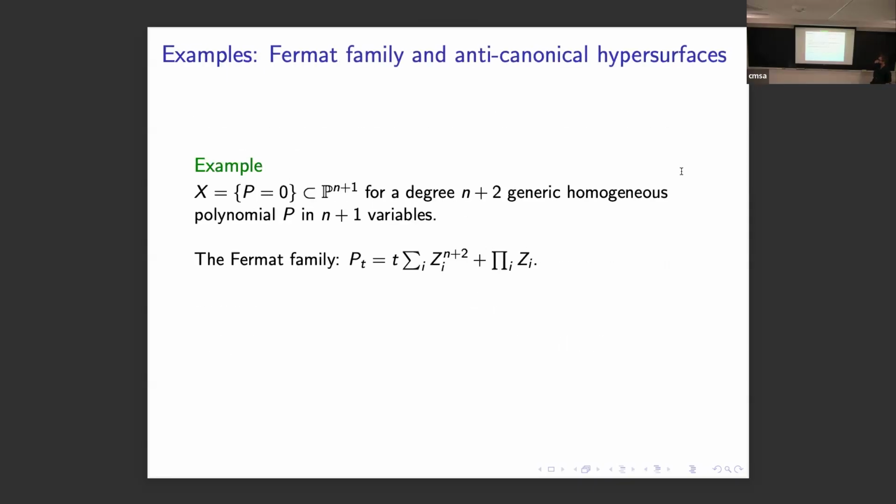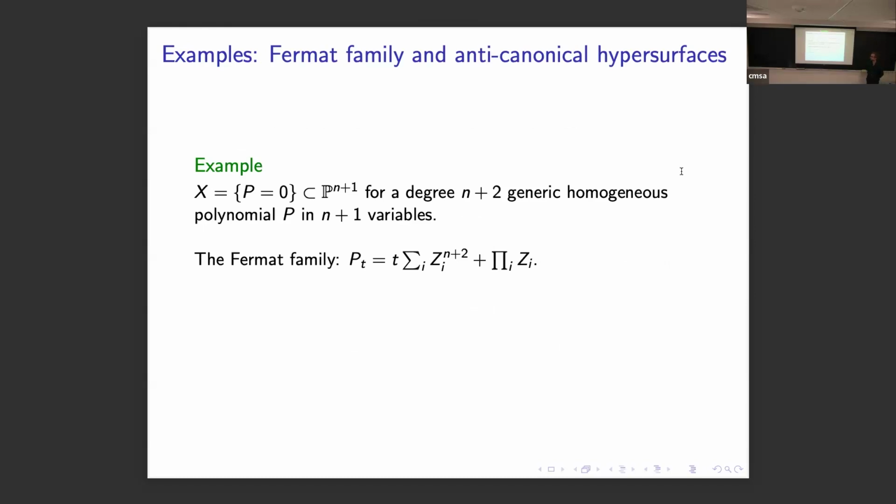So some examples we've seen also from Dan's talk. You can take a hypersurface of projective space of the right degree. The ambient dimension is n+1. You should take a degree n+2 homogeneous polynomial. And you can get families in this way if you vary the polynomial.